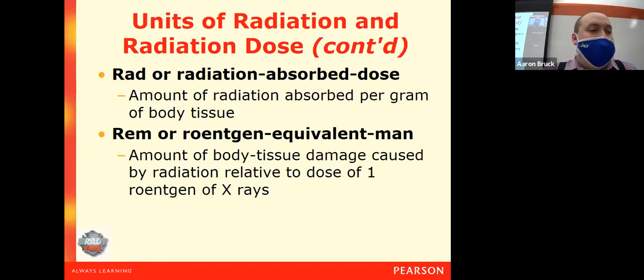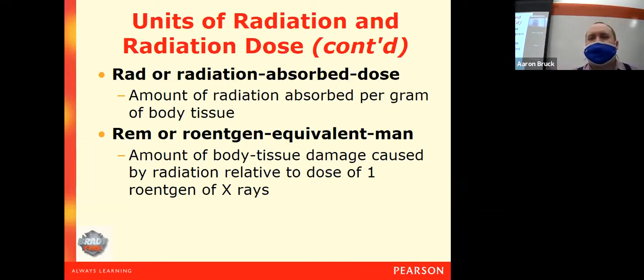We also have the REM. The REM is short for the Röntgen equivalent man, and it's the amount of body tissue damage that can be caused by the radiation exposure of one Röntgen of X-rays over the course of a day. So the RAD standardizes to the person.